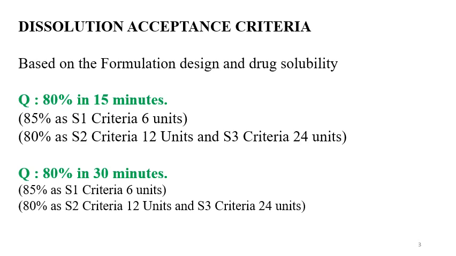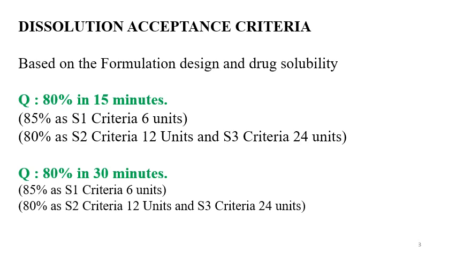Coming to the specification or acceptance criteria, for IR formulations generally 80 Q in 15 minutes is required, and if it is not meeting the requirement, then go to 80 Q in 30 minutes. But generally 70 Q, 75 Q is not recommended.